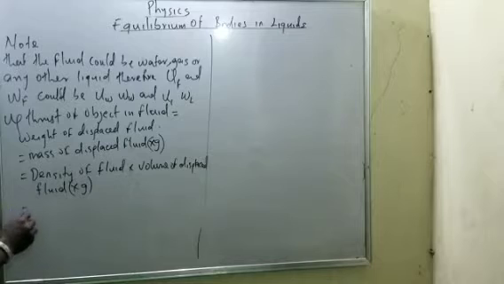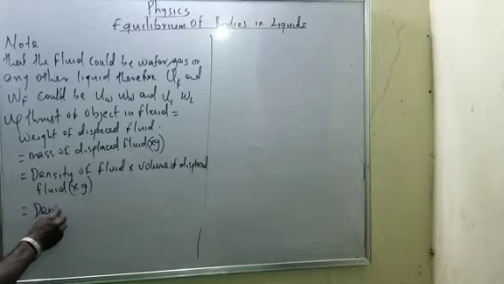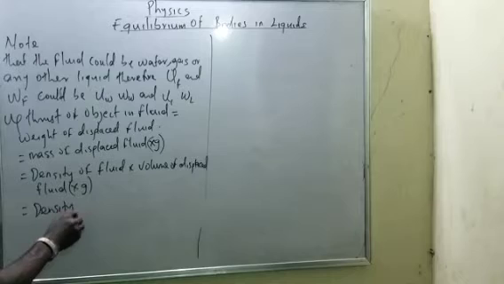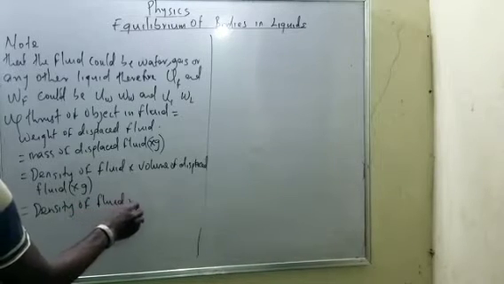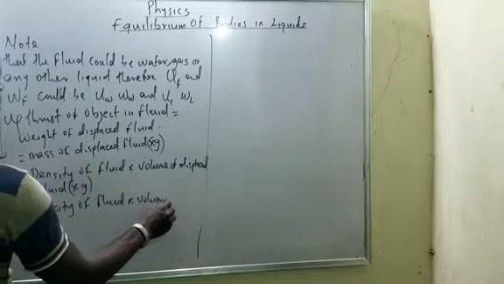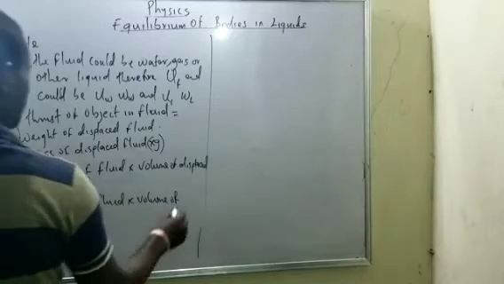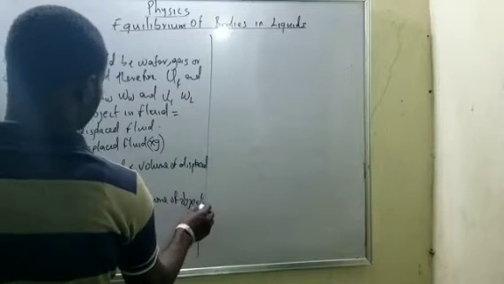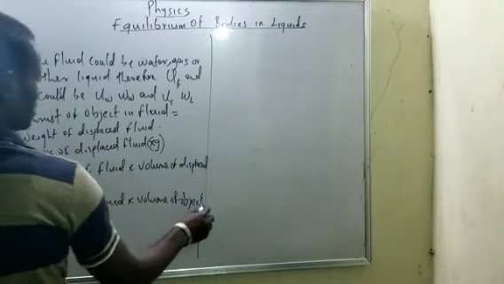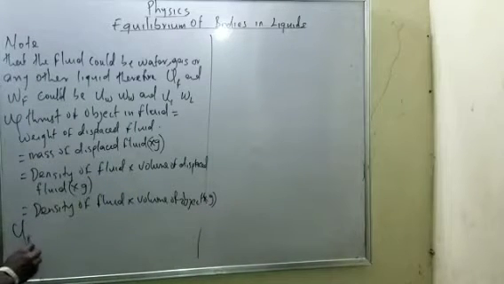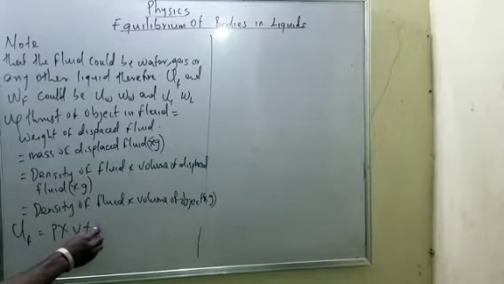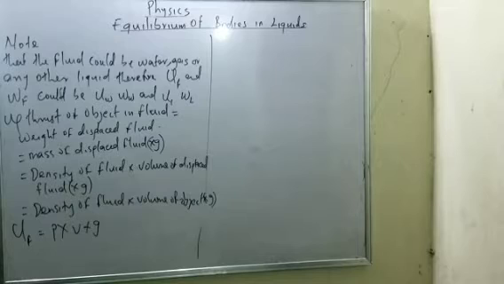Now, it can also be equal to density of fluid multiplied by volume of object, which is gram. Now, it means I can say that my U of this equals to this multiplied by V, multiplied by what? Gram. Now, very, very important.